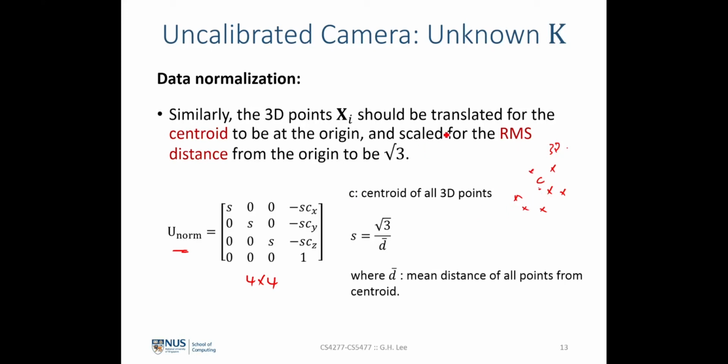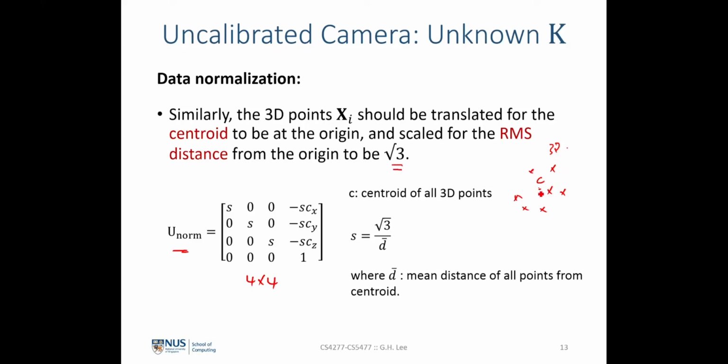Next, we want to scale the 3D points such that the total root mean square distance from the origin, or from the centroid, equals square root of 3.